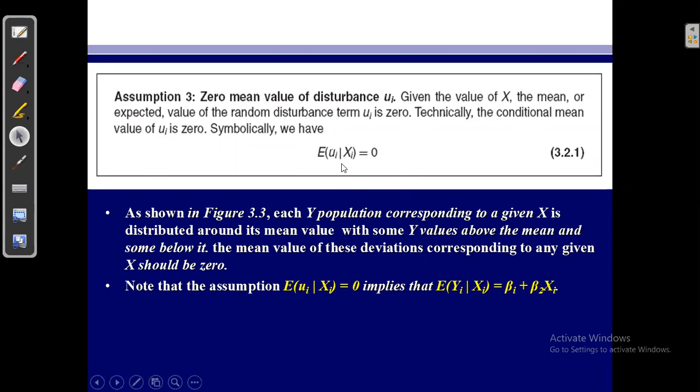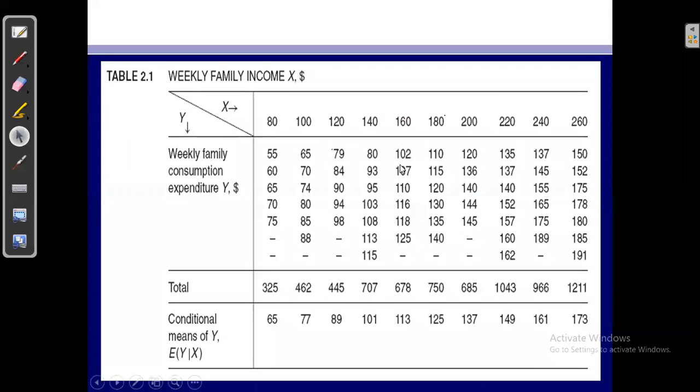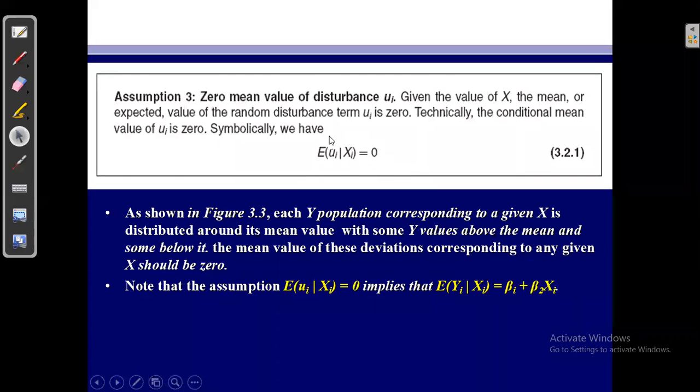Although there is also a mathematical proof for that, for the time being this was just a sort of numeric meaning. This is a very important assumption of the regression model, which later on helps a lot in getting different simplified results of a regression model.